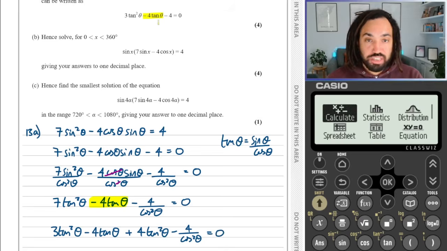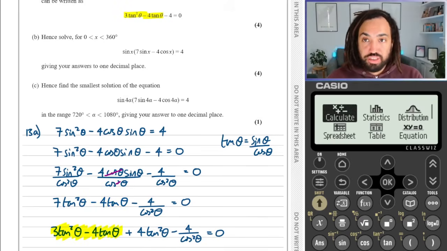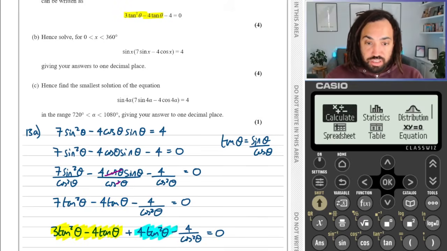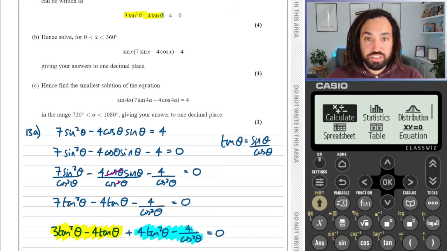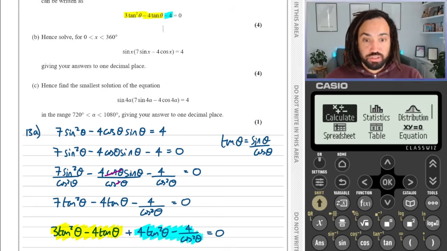Okay, so this is good. Now we've got these terms, which are exactly what we want. We just have to somehow turn this expression here into this, and then we'll be good to go.